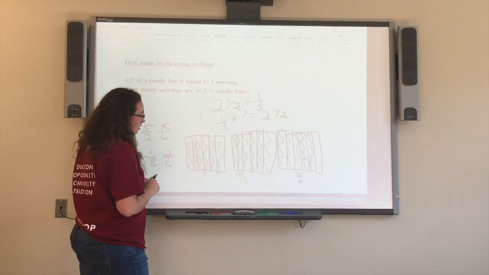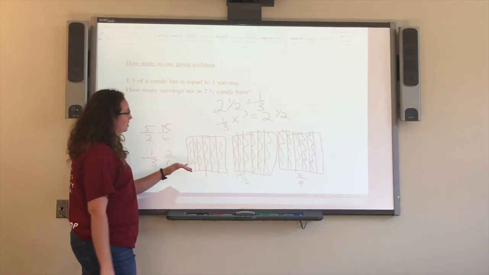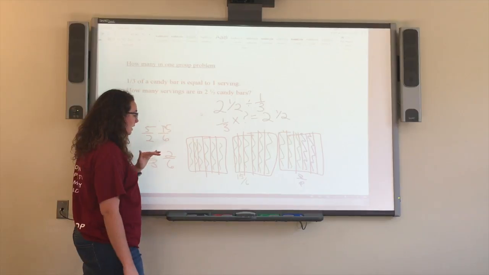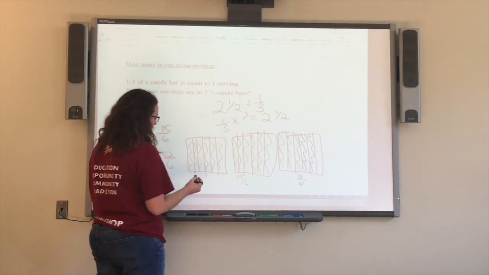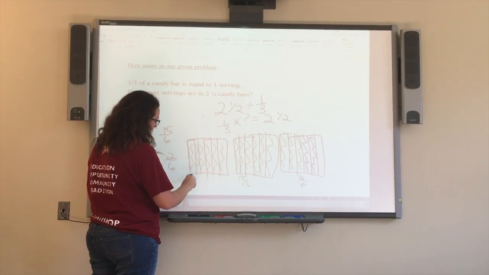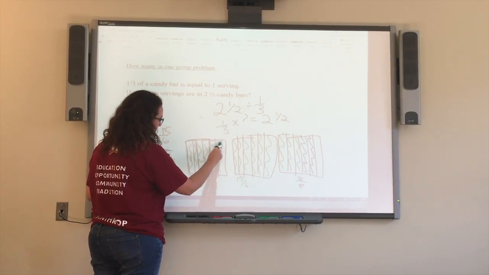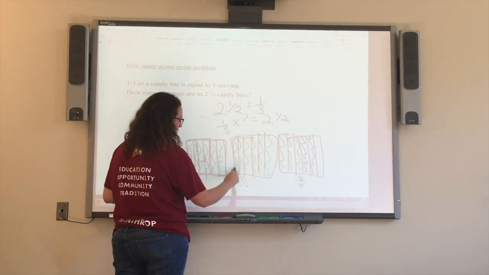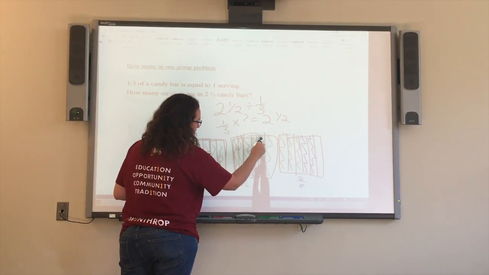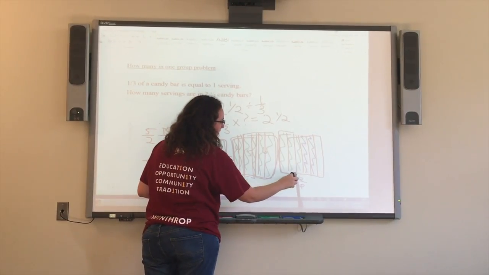All right, so what we're going to do now is basically add these pieces up. We're going to find out how many servings are in 2.5 candy bars. So let's go ahead and start. We're going to have 2 pieces equals 1 serving. So we have 1, 2, 3, 4, 5, 6, and then 7.